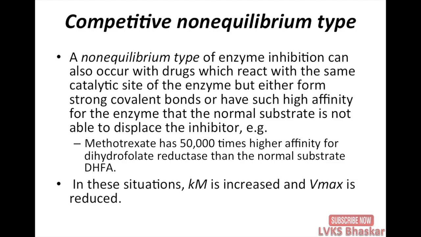So whenever clinicians prescribe methotrexate, they also prescribe high doses of folic acid in clinical practice. In these situations, Km is increased but Vmax is reduced, whereas in the earlier situation, Km is increased and Vmax remains unchanged.